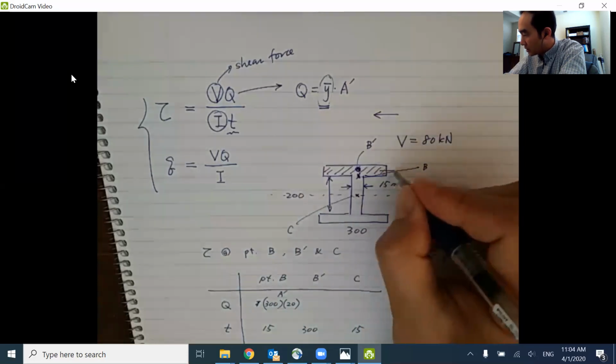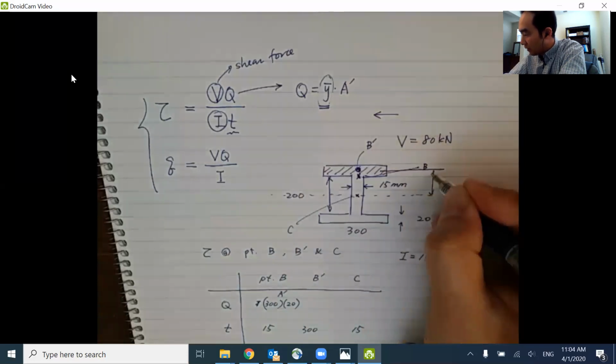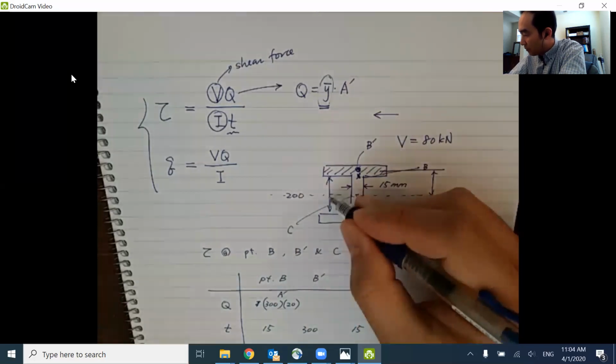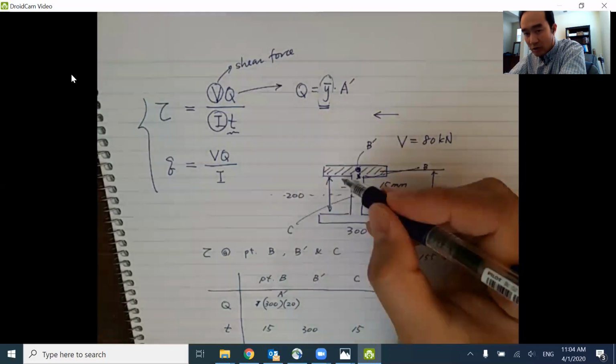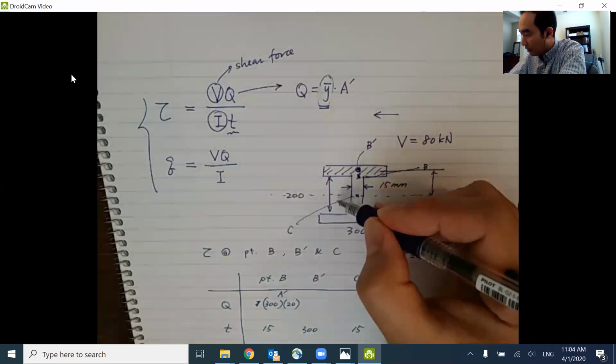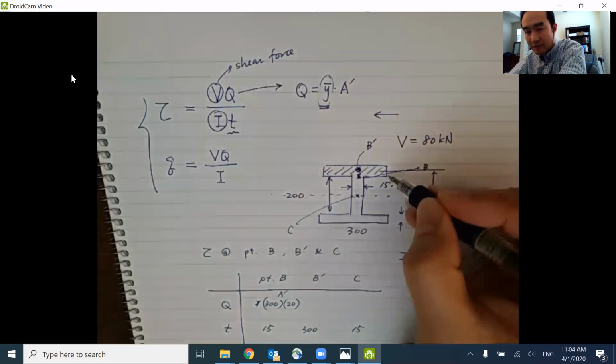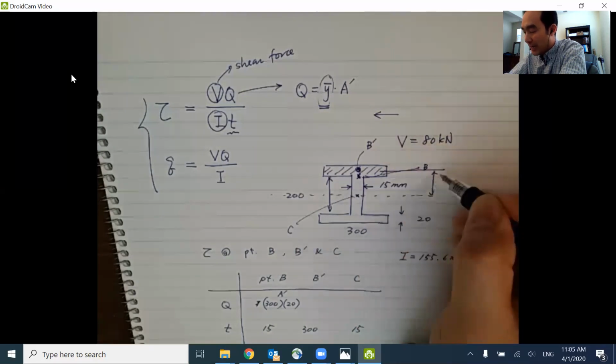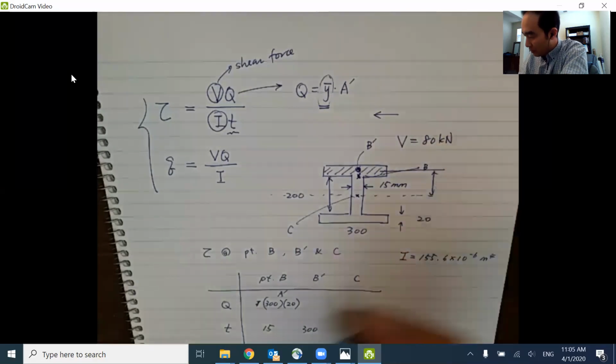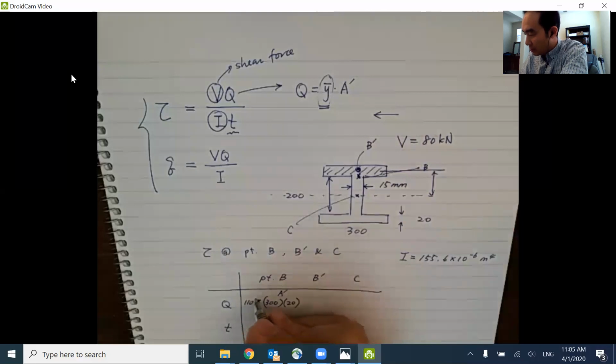So this distance is going to be 200 divided by 2, which is 100, from the bottom of the top flange to this neutral axis. And then we have to add 1/2 of the thickness of this top flange, which is 10 millimeter. So it is going to be 110 in millimeter. So 110 times, so this is going to be Y bar, and this part is going to be A prime.